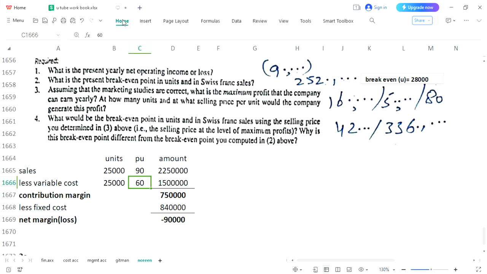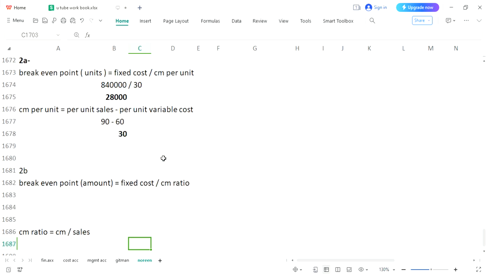How? CM or contribution margin is basically the difference between sales and variable cost. To calculate the difference, you will take sales and will subtract variable cost. So you have got your per unit contribution margin as well. Same, you can use total amount as well, but that's little easy to use per unit cost.